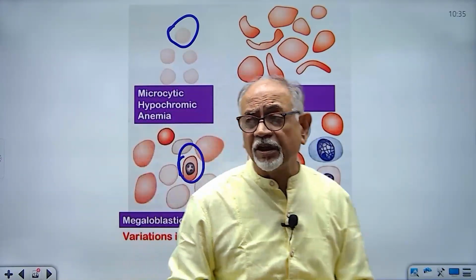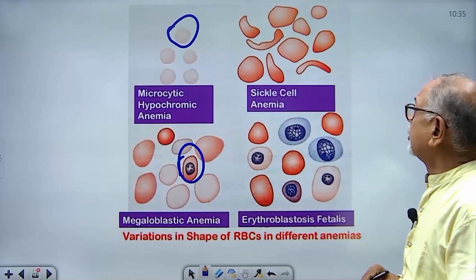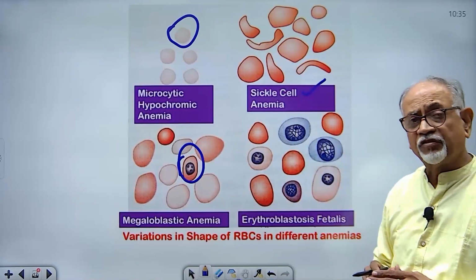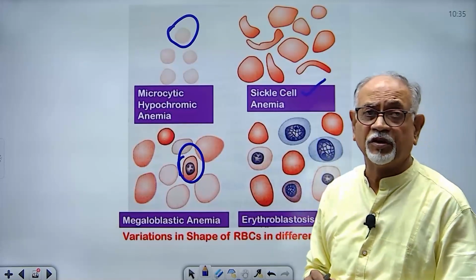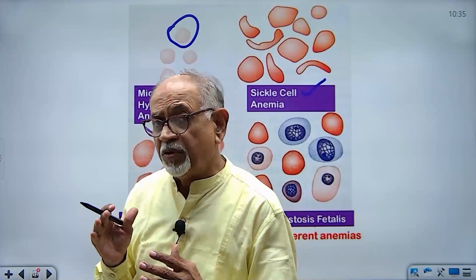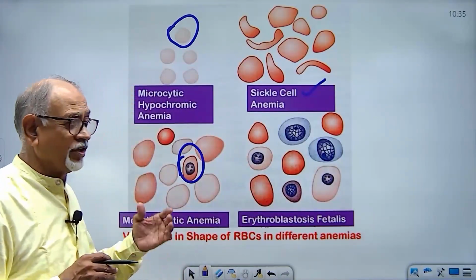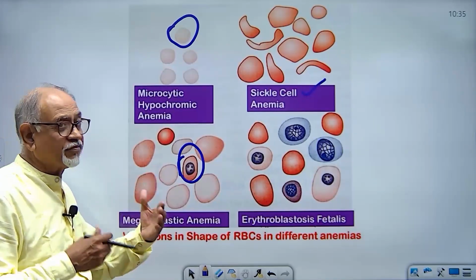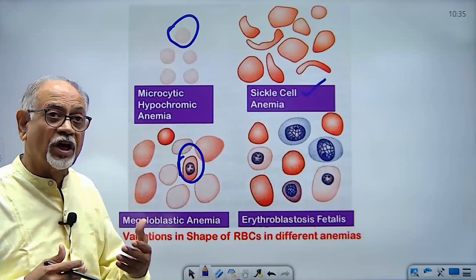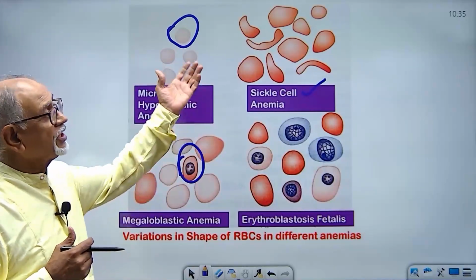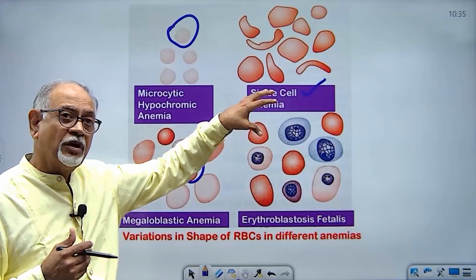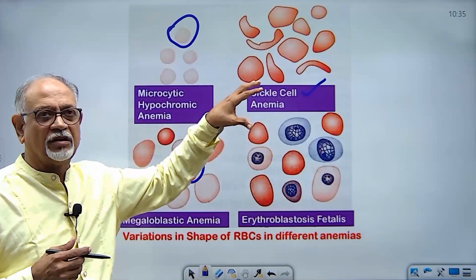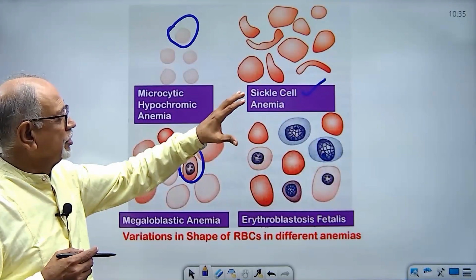Now, here is another case where the shape of RBC is affected, that is sickle cell anemia. In this case, it is a hereditary disease in which the beta chain of hemoglobin is affected, and there is a shift in the amino acid, and that causes defect in the hemoglobin as well as the shape of the cell is also damaged.